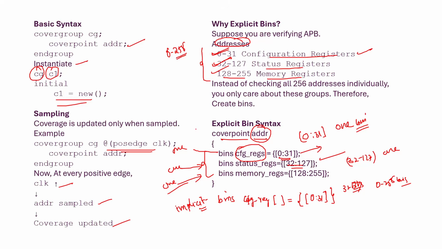Implicit bins and explicit bins. Implicit bins are also called automatic bins. Explicit bins are represented manually, meaning bins are declared explicitly. Here we define the bins manually; we, the engineers, create the bins.